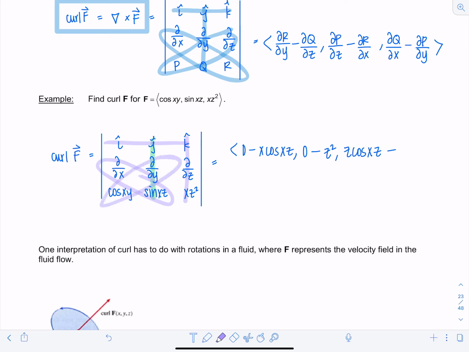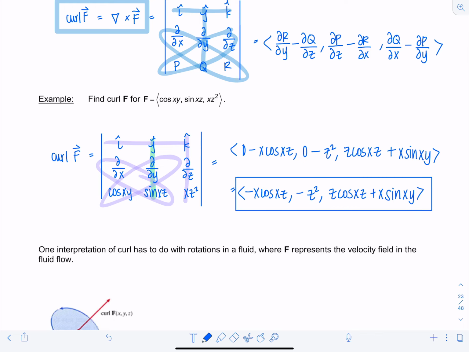So I'll have negative sine xy, and then by the chain rule I have to multiply by x. So this will be plus x sine xy. Okay, and then I can just clean it up and write it as negative x cosine xz i hat, negative z squared j hat, and then z cosine xz plus x sine xy k hat. And that's it.